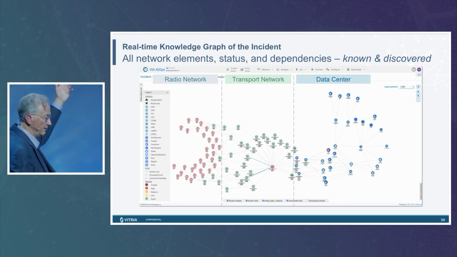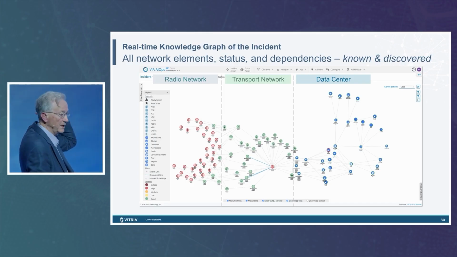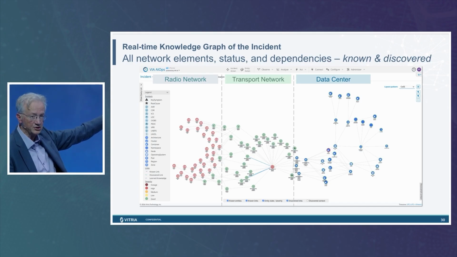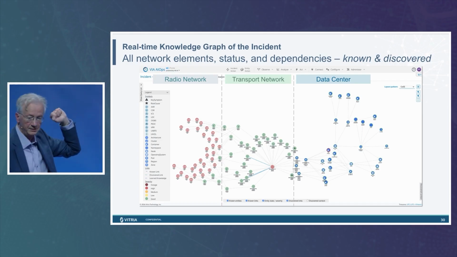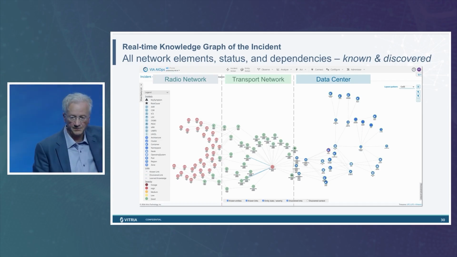You can see the health of each of the entities here. You can see in the transport network, everything looks green except that one element, which is the aggregation router. And then if you look closely over on the right-hand side, this is the data center topology. Now, this is a dynamic topology, so it's constantly changing. It's not going to be stored in any database or any inventory system. So everything there actually looks okay, too, except we notice one little red spot up there.